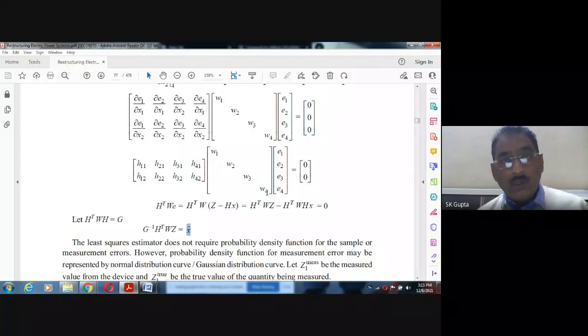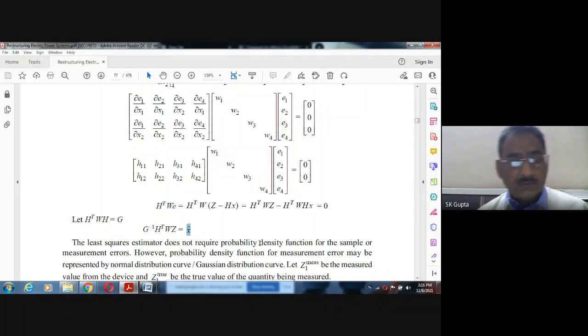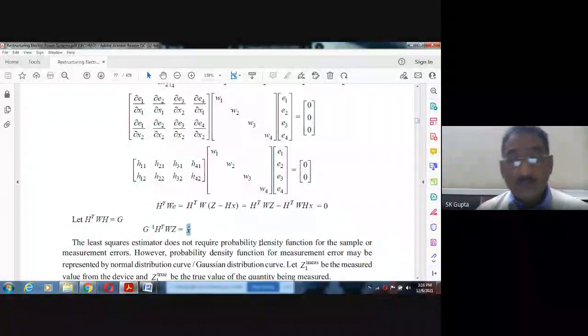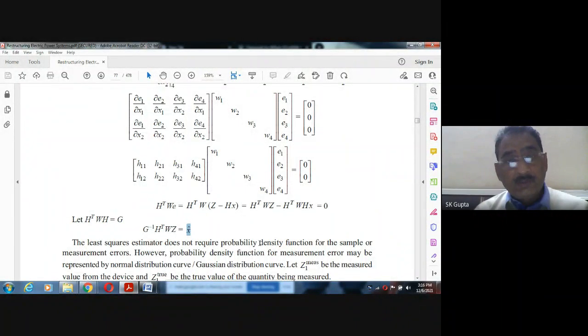Now, in place of measuring each measurement once, say you are measuring Z1, we now measure Z1 a number of times. If we take 5 measurements, each measurement is taken, say, p number of times.